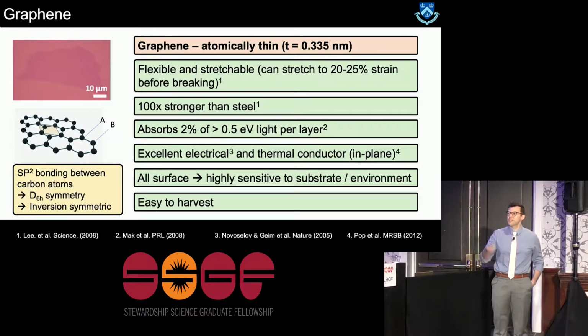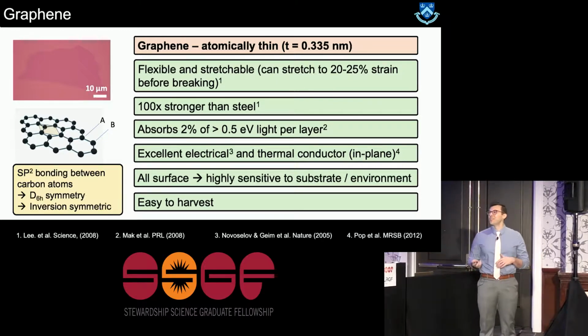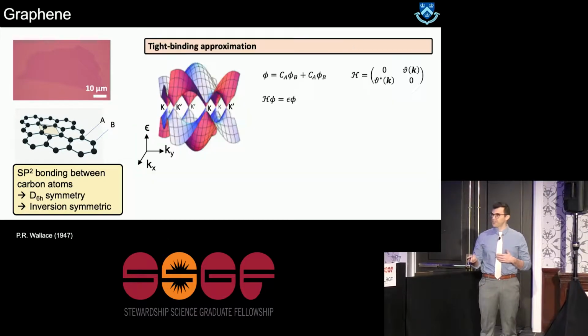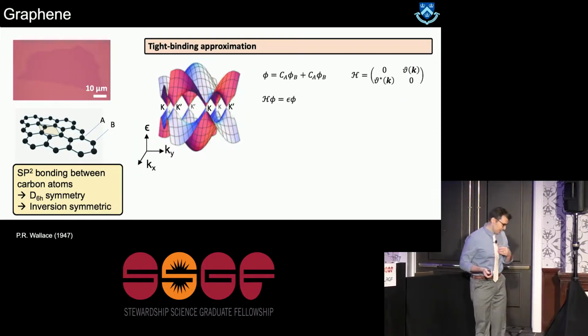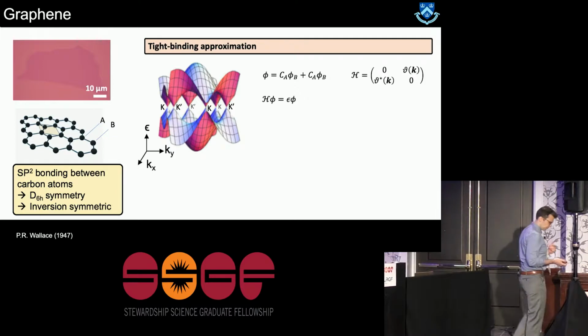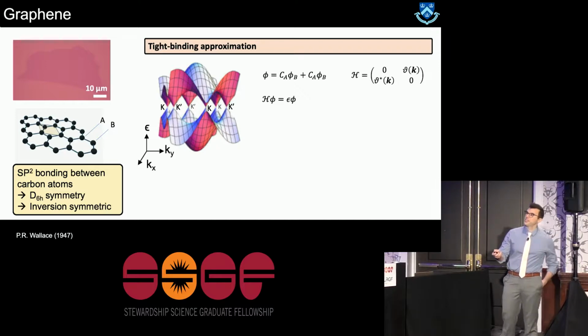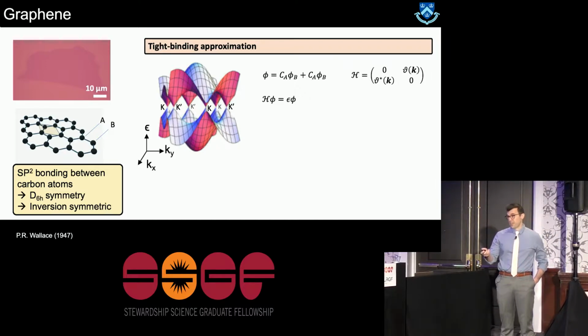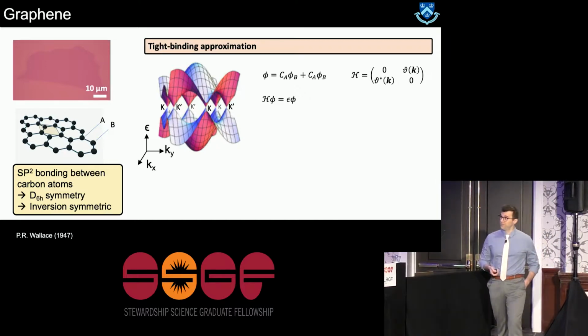Because it has all these amazing properties, this motivates us to ask, can we tune these properties? The knob that we specifically chose to tune was the symmetry of the material. To understand this, we're going to go into a simple physics model. If you do a tight binding approximation for graphene's band structure, this is the energy dispersion relation that you get. You basically have 6 K and K prime points inside the first Brillouin zone.